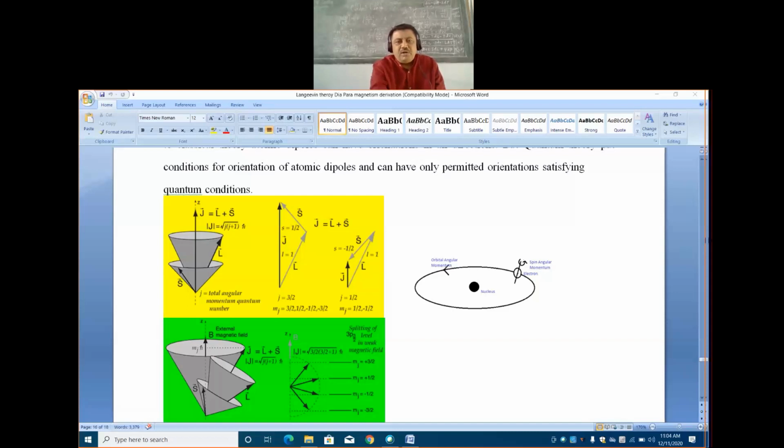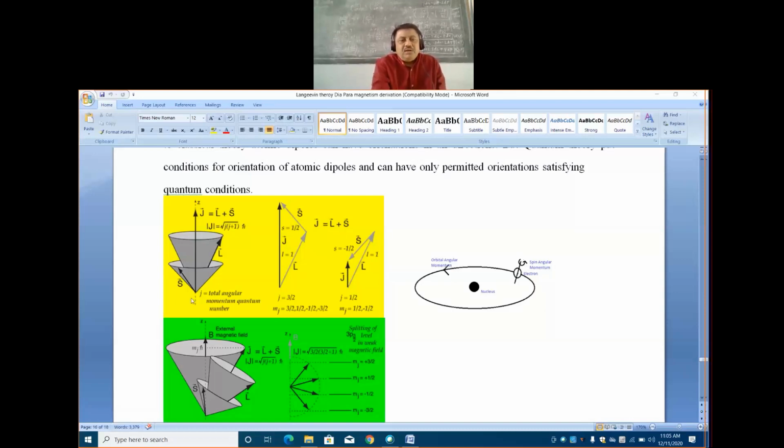J is equal to L plus S. Because it is a vector, it has both magnitude and direction, so when L minus S is taken, the J value will be small. J, the total angular momentum, is L plus S.